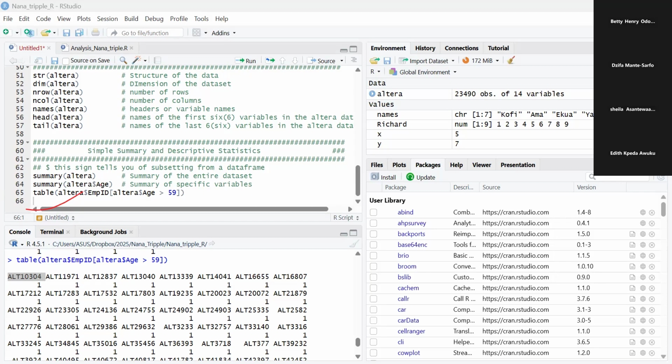Yes, so once you have a data set, you need to give it a name.